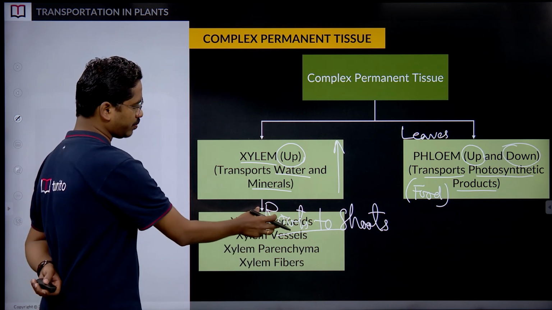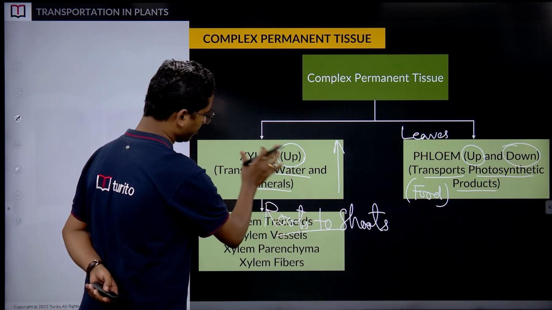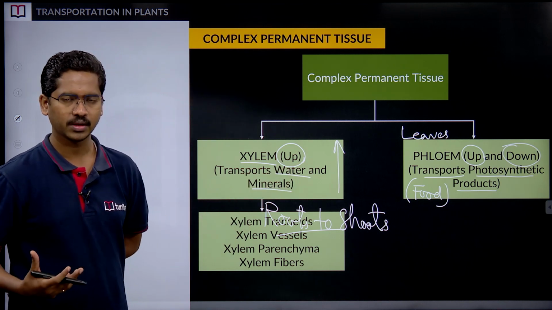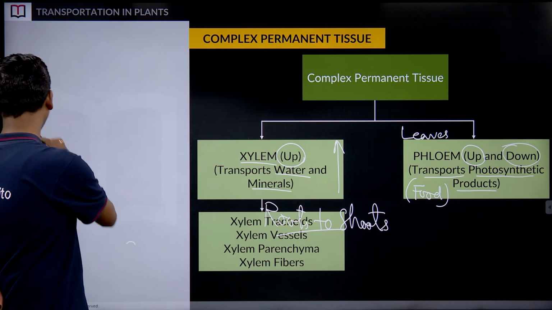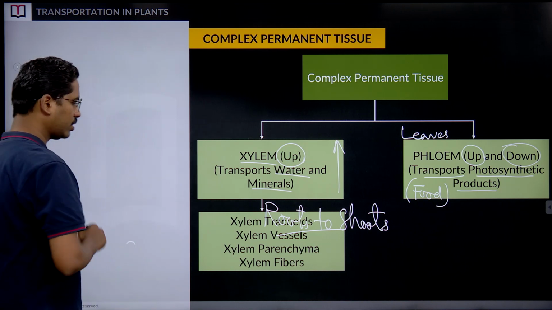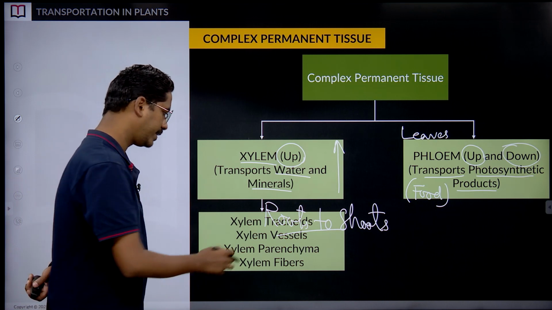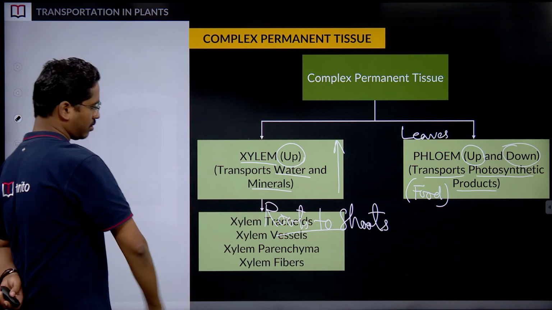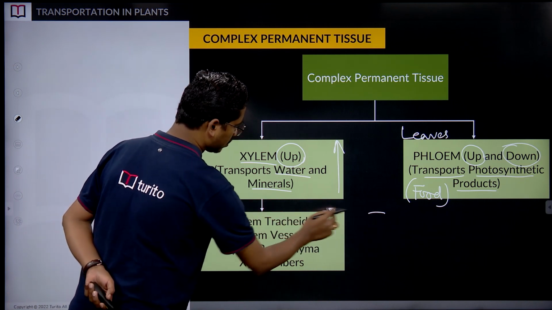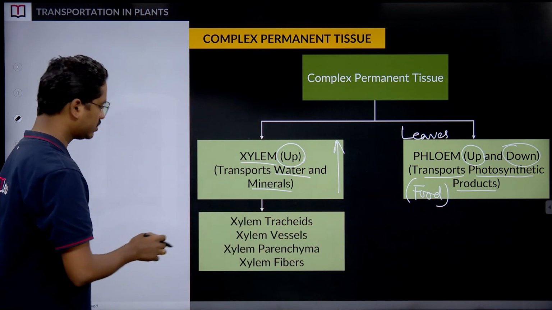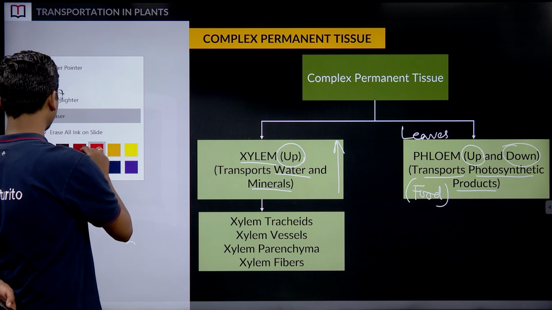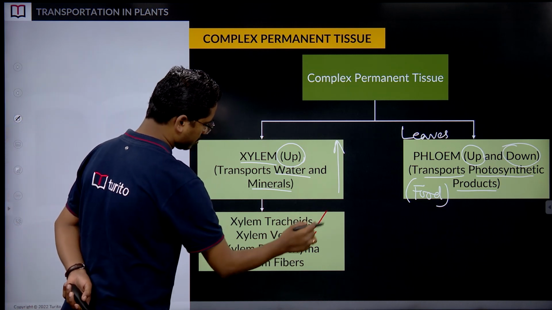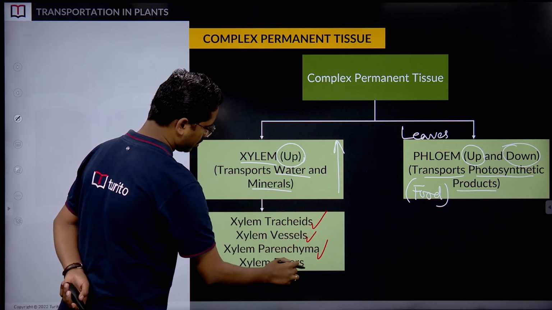So, xylem has to take care of the water and mineral movement within the plant, that too from root to shoots. You have to understand that it does this with the help of its respective elements. So, if you see, there are elements, you can see them clearly: xylem tracheids, xylem vessels, xylem parenchyma, xylem fibers.